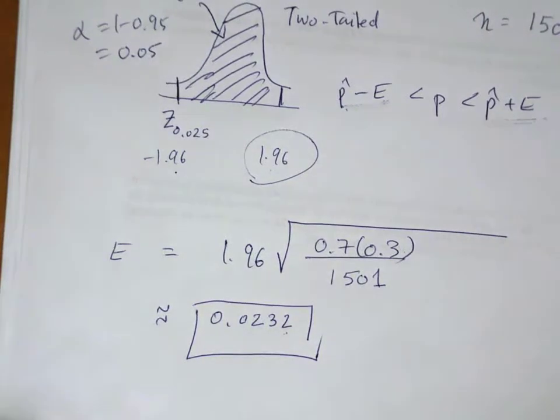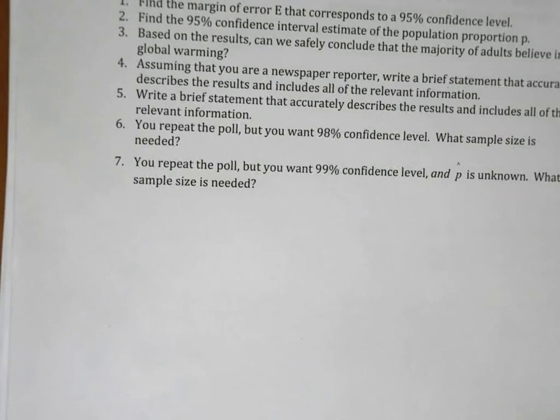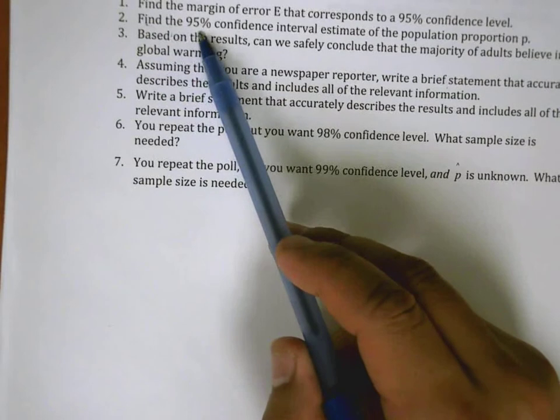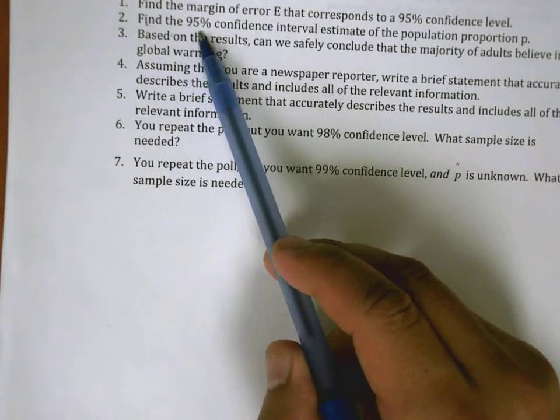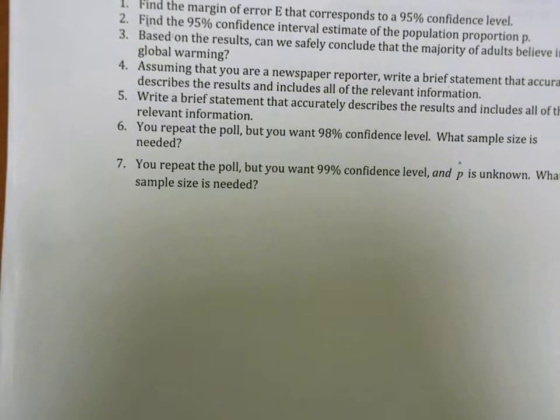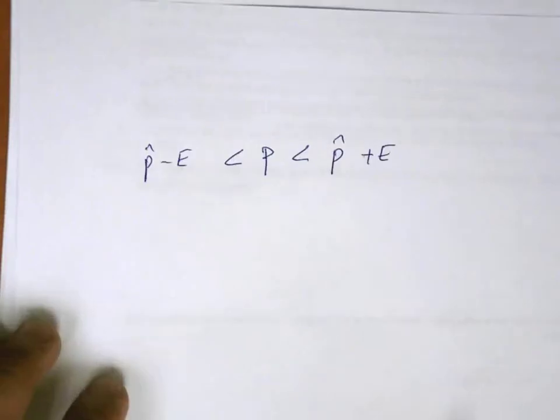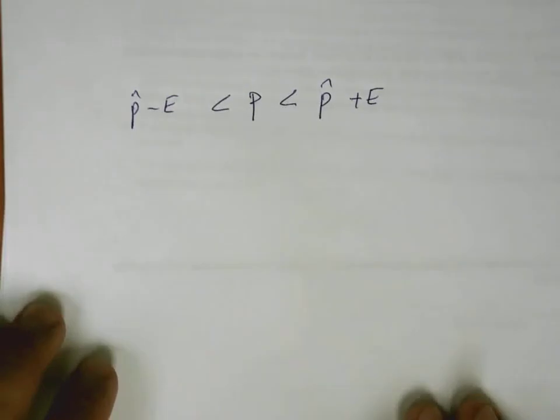Now let's see what else we're asked to find or to solve here. Find the 95% confidence interval estimate of the population proportion. Well, the confidence interval, if you recall, is p is between p hat minus the margin of error and p hat plus the margin of error. And so now we really just need to make some substitutions.